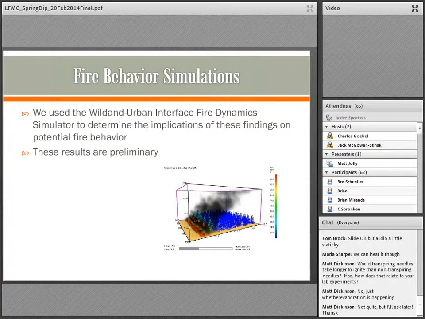So if we get back to it, we used WFDS to simulate the impacts of this. And what we did is we constrained it such that the absolute amount of water stayed the same in two simulations, and all we did was change the actual bulk density of the fuel, such that we increased the total amount of fuel in the volume while keeping the amount of moisture the same.